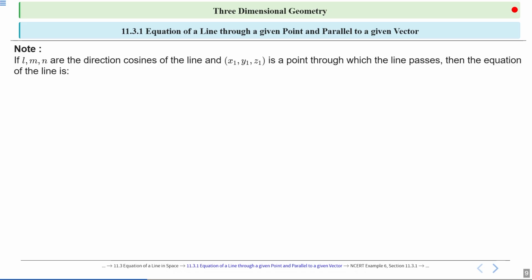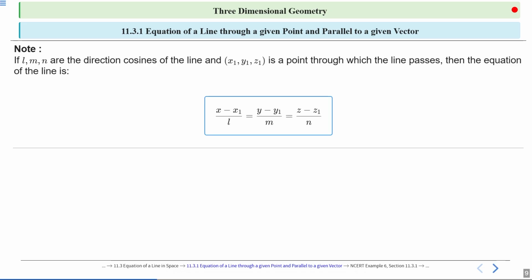So then the equation of the line is (x minus x1) divided by L equals (y minus y1) divided by M equals (z minus z1) divided by N. This is called the symmetric form of the equation of a straight line in three-dimensional geometry.